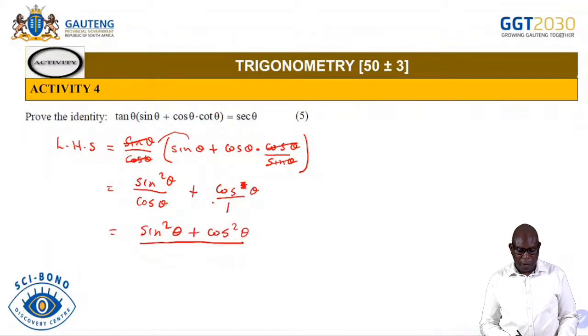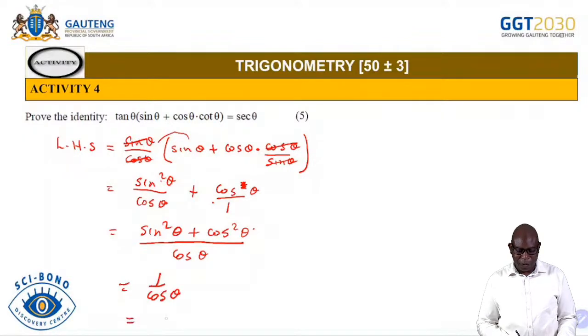In other words, cos theta is our LCM there. So cos theta into cos theta is 1, and 1 times sine squared theta is sine squared theta. 1 into that is cos theta, and cos theta times cos theta is cos squared theta. What do I know about the top one here? It's a famous 1, so it's going to be 1 over cos theta.